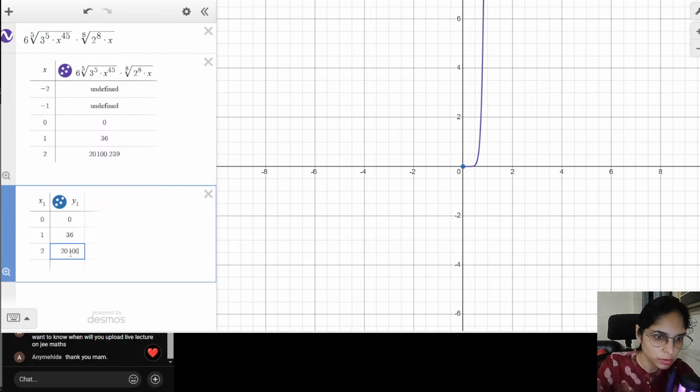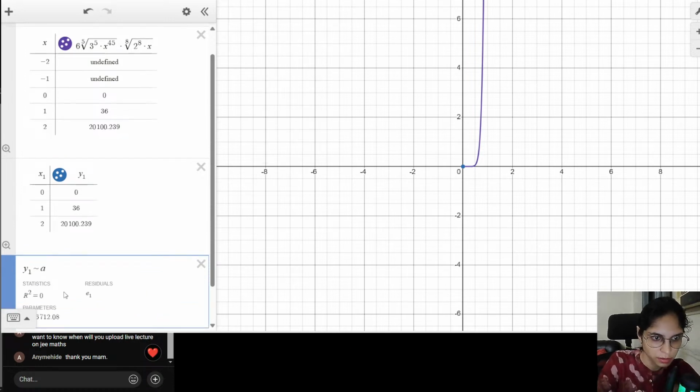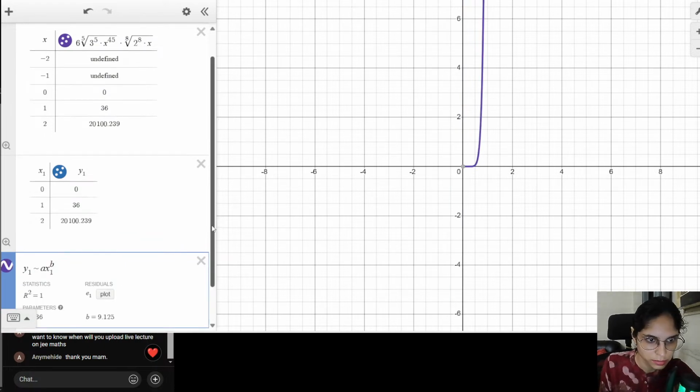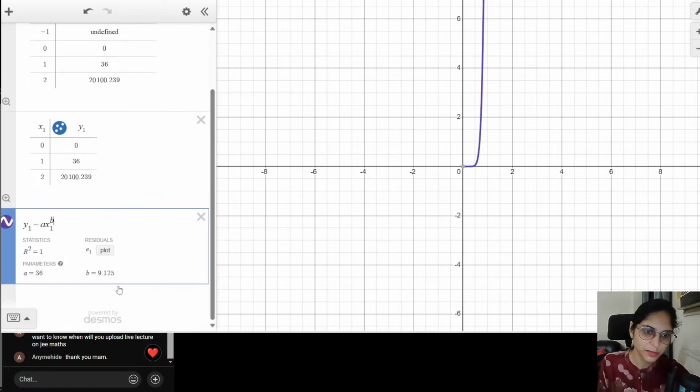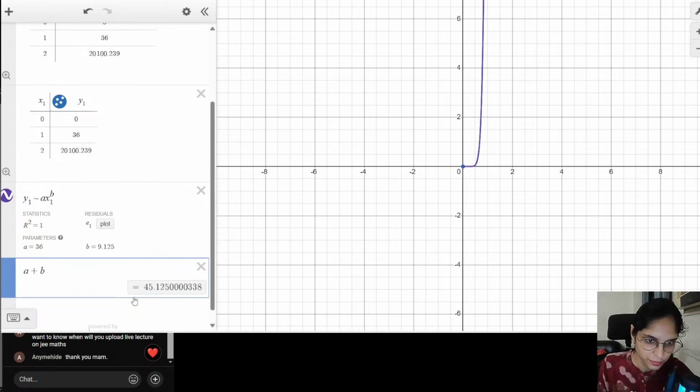Well, there are only 2 variables, so this will also suffice. But let's take one more. And you write y1, a x1 to the power b. That is how they have written. A is 36, b is 9.125. We are getting our answers. And then you just do a plus b. 45.125.